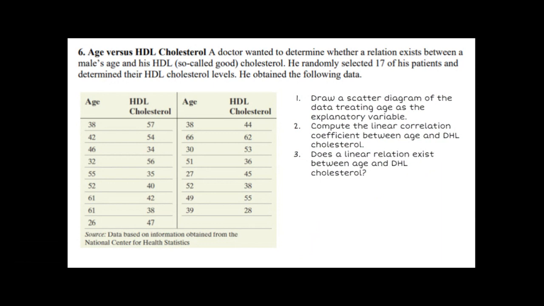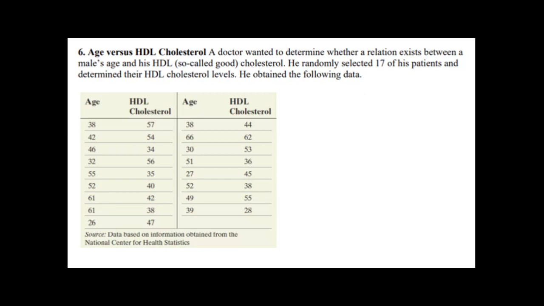So negative 0.16. That's right, it's negative. Good. Okay. So now the question, does a linear relation exist between age and HDL cholesterol? So let me go back to the table, but you can count how many respondents, the data we have. 17.